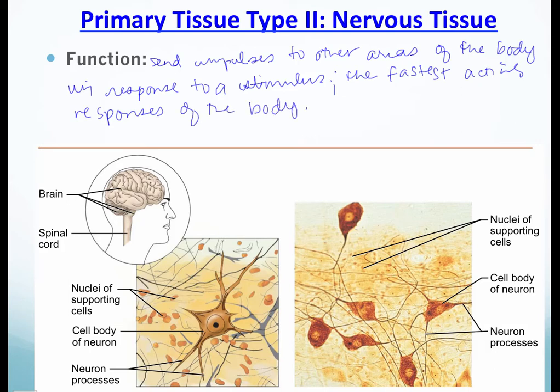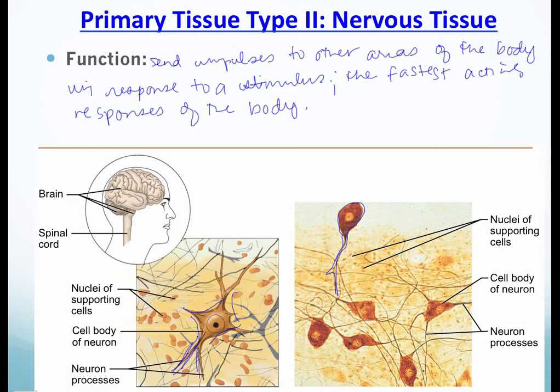Okay, and the cells that we're going to look at are these neurons. So here is a neuron. Those are the different regions of the neuron. Here we have the cell body of the neuron. We have neuron processes, and specifically we have areas called dendrites.